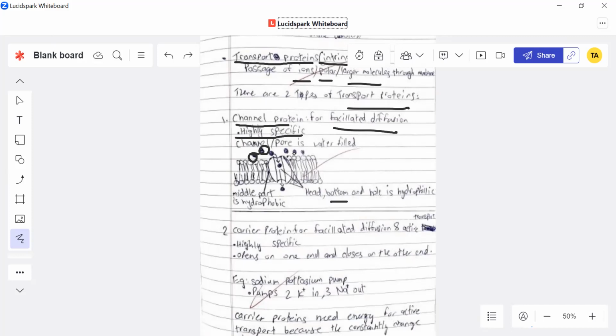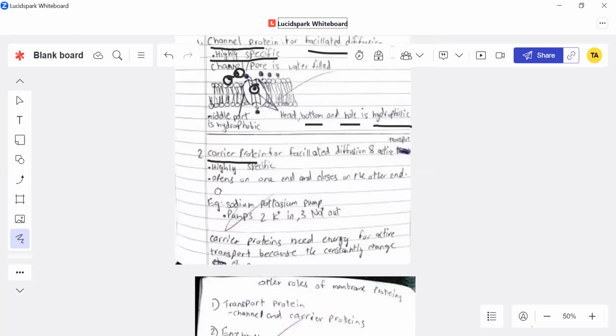The head, the bottom, and the hole through which the ions pass are hydrophilic. So only hydrophilic molecules that are water soluble can pass through the transport protein or the channel protein.